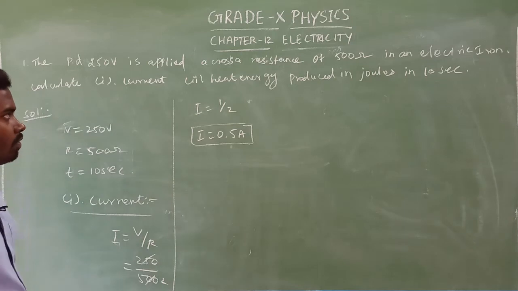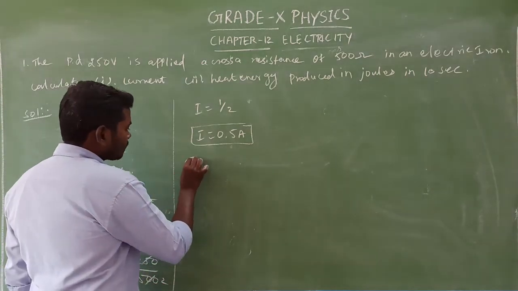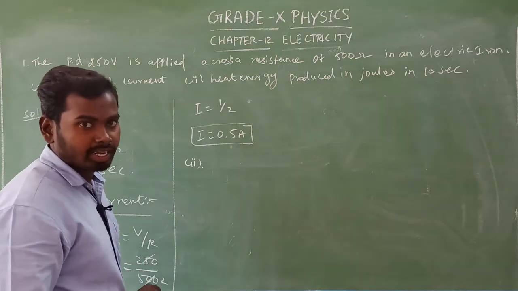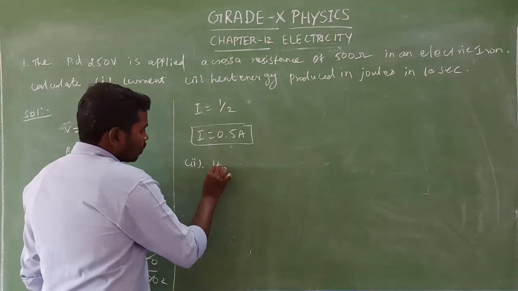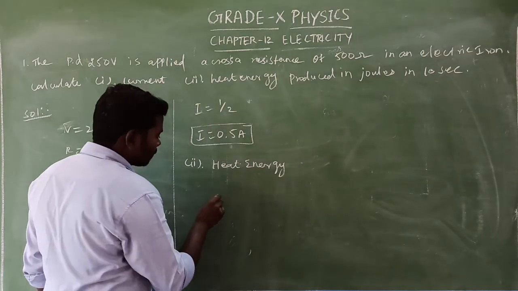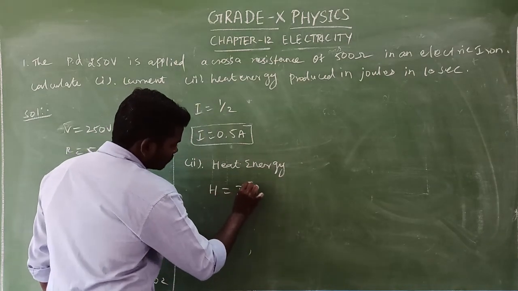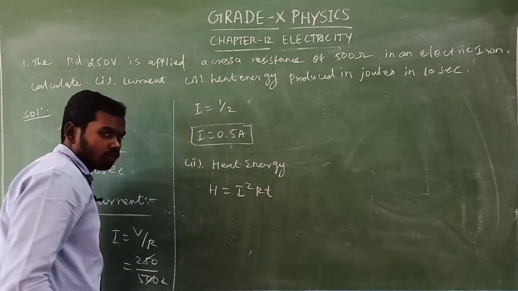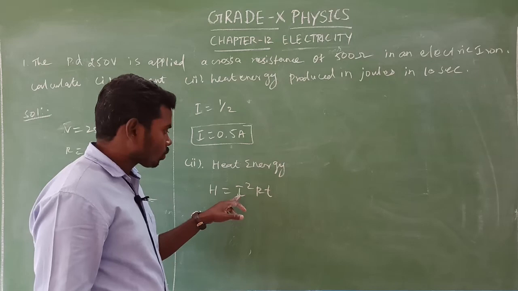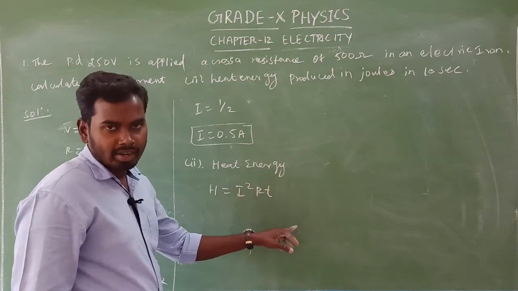What is the second one? The heat produced in joules in 10 seconds. So the second one, heat energy. We need to find the heat energy. So what is the formula? H is equal to I square RT. According to Joule's law of heating, heat produced by an electrical appliance is equal to the product of the square of current, resistance and time.